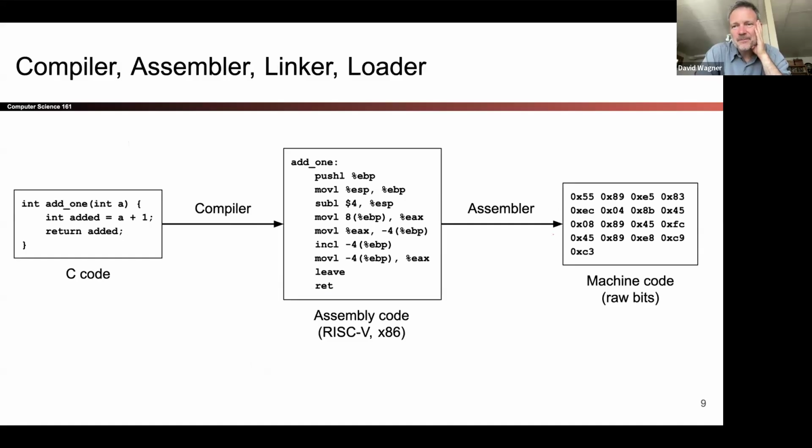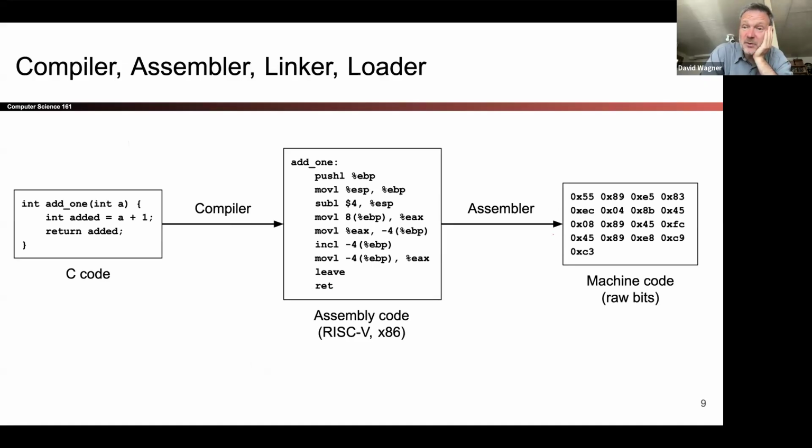We're going to look at a bunch of C programs and vulnerabilities in C programs. And the way C programs work is the developer writes a C program, and then there's a compiler that compiles that to assembly code. And then there's an assembler that compiles that to machine code.